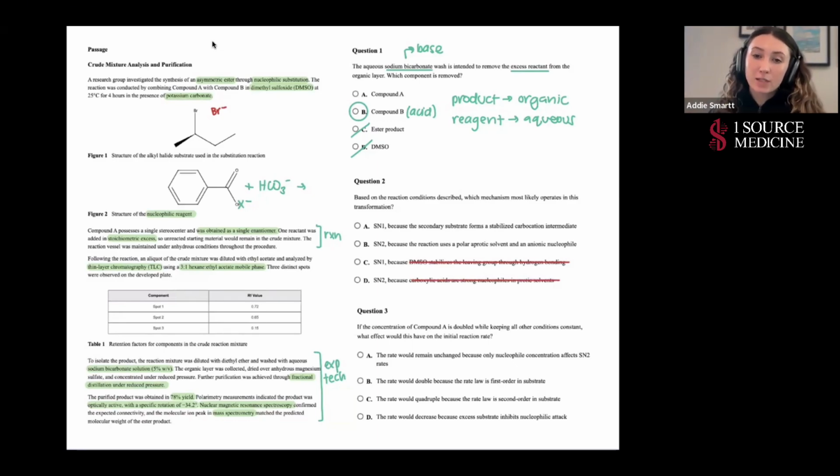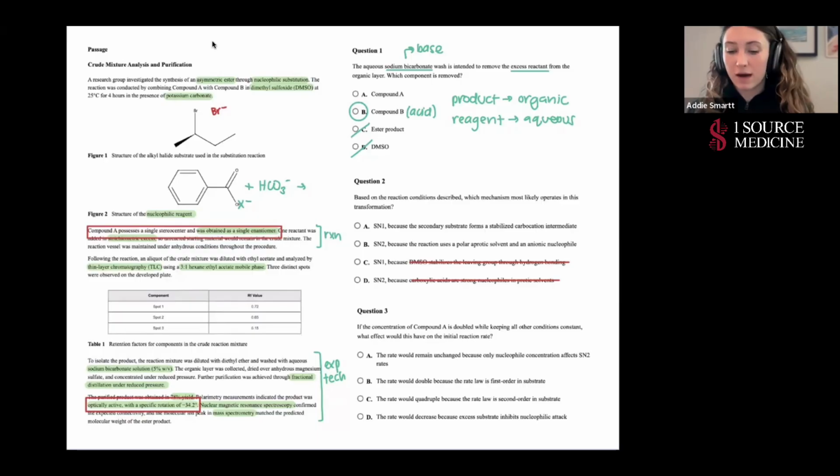And so then I'm left between A and B. So from my interpretation of this passage, one thing that I notice is that we get an optically active product at the end, right? So I point that out, especially in the context of this, where it says compound A, one of our reactants, was also stereospecific, right? It was present as one enantiomer.